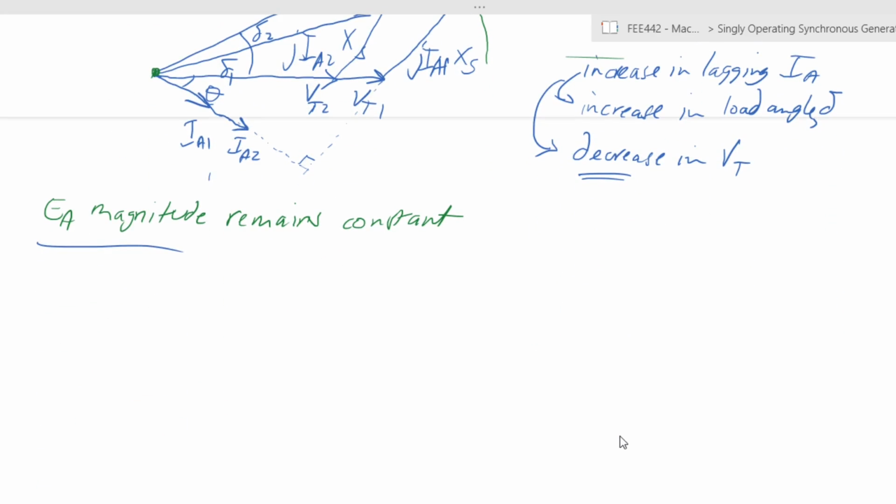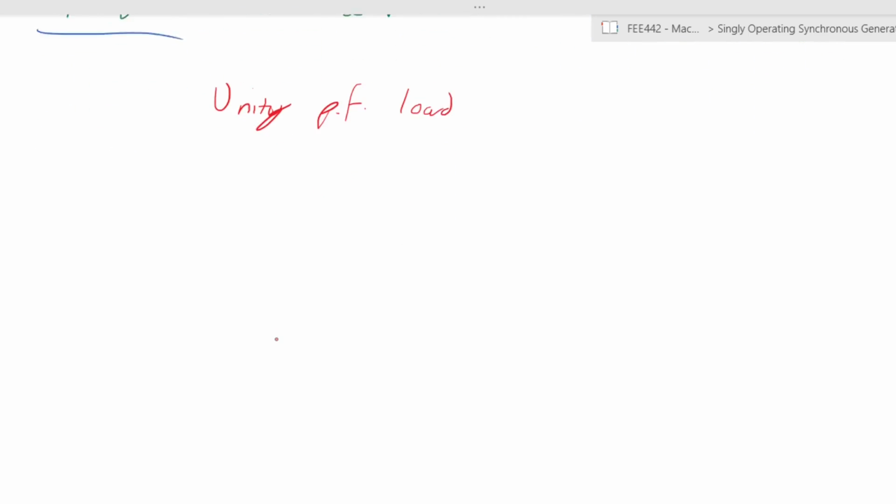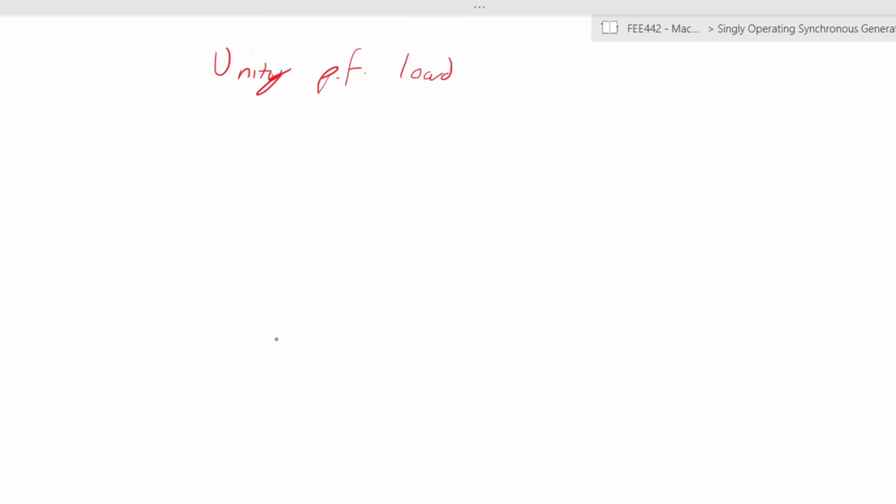So that's number one. Let's look at another scenario where we have a unity power factor load, right? So in this case, the power factor is 1. So you have your VT, same case.